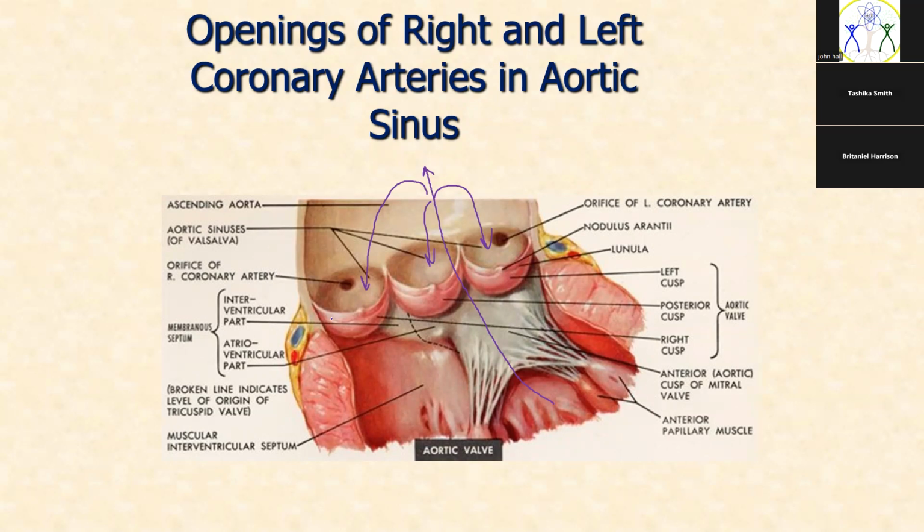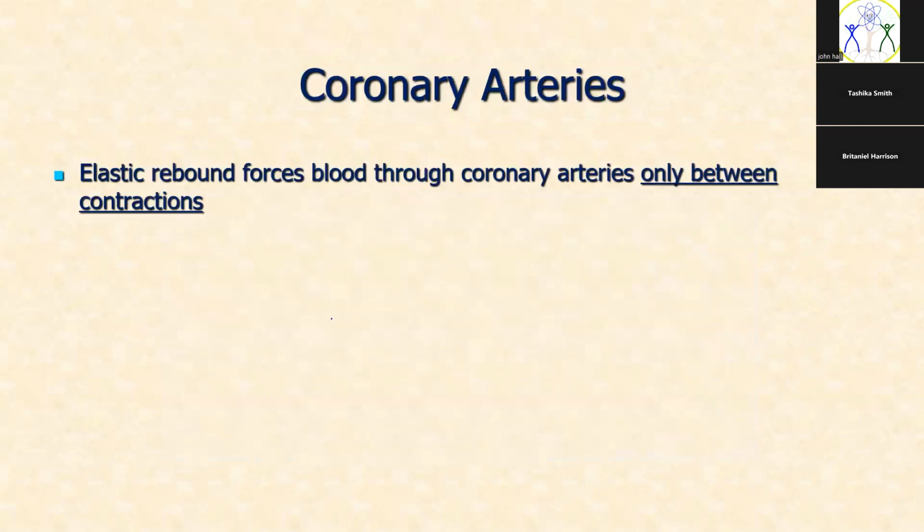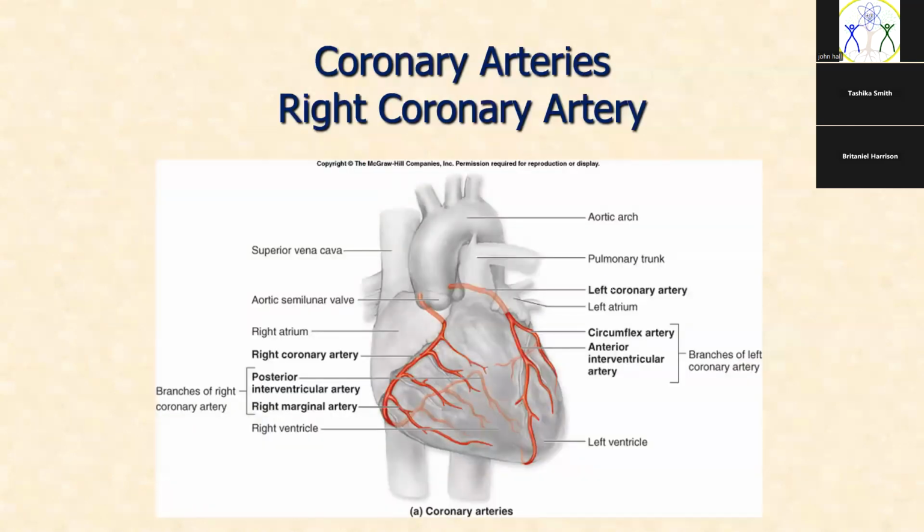All right. If that doesn't make sense to you, please let me know, right? So remember now, as it says, the elastic rebound forces blood through coronary arteries in between contractions. So this is what I was just explaining. As the ventricle relaxes, blood coming back down pushes its way into the coronary arteries, right?